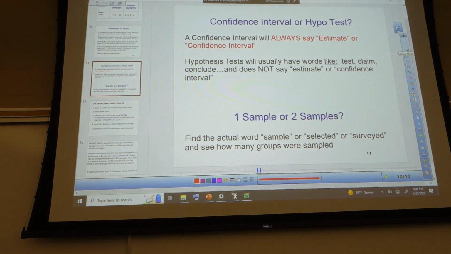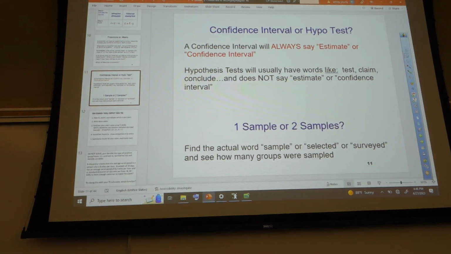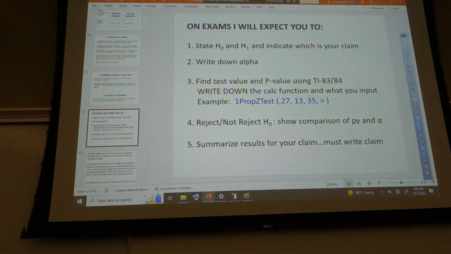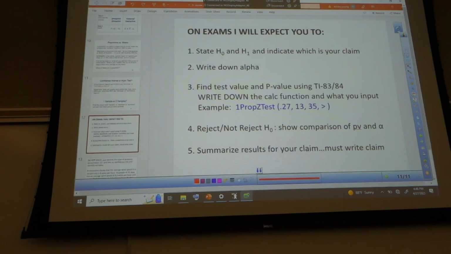You could have 50 men and 50 women's sports at a college. That's a possibility, but you should have a sample size for both. All right, and again, you folks know these are the 5 steps you have to show. So I will say, show all steps, and you will know that that means these 5 for hypothesis tests.